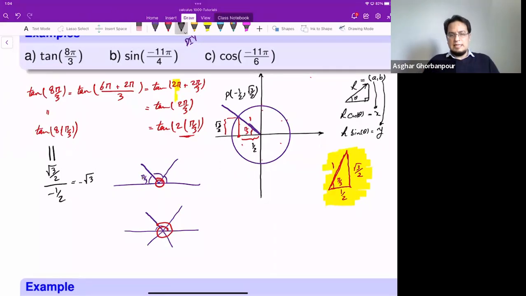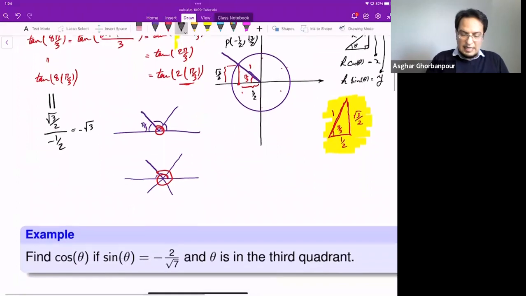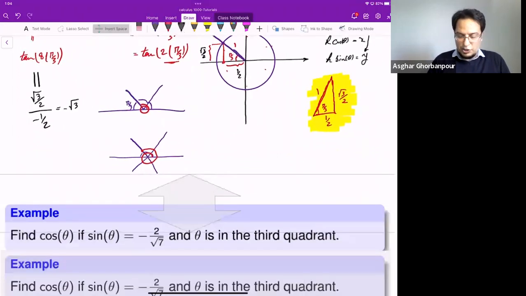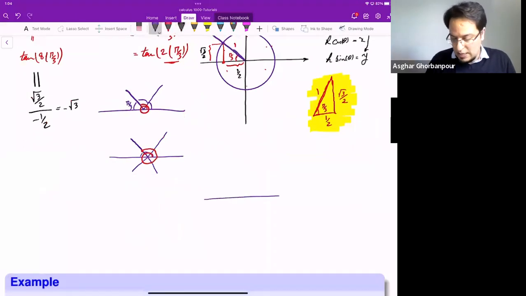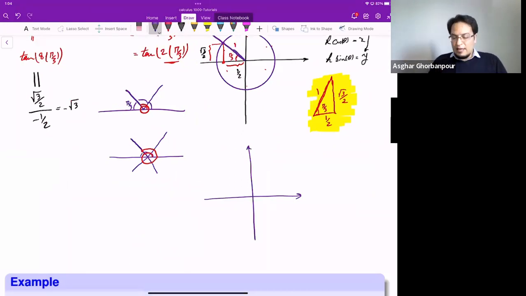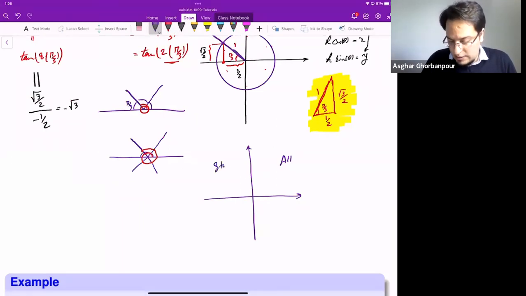When you're doing these things, you have to be careful about the sign of the ratio that you're getting. I'm not sure if you have watched the videos. I put that funny thing there, that if your angle is in the first quadrant, second, third, or fourth, you know what the signs of sine, cosine, and tan are. It comes from one thing: All the Students Take Calculus.